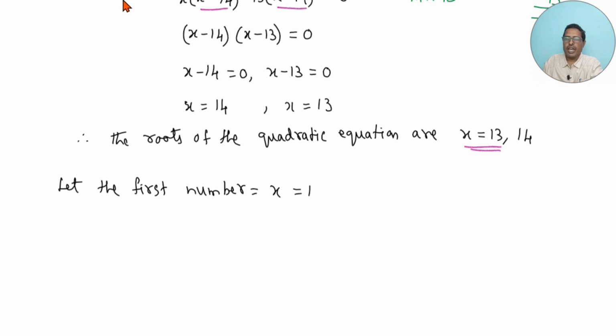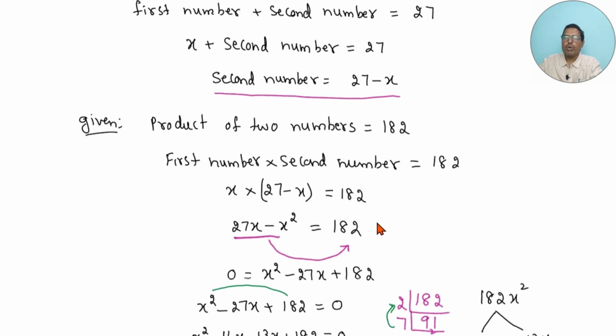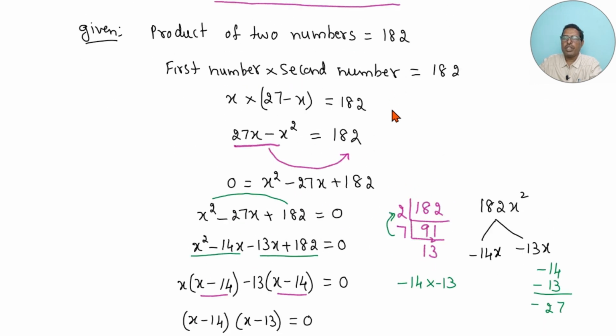Suppose if I take x as the first number and its value I have taken as 13, then what will be the second number? So what is the second number we have taken? Second number we have taken it as 27 minus x. Can you see? Second number is 27 minus of x.